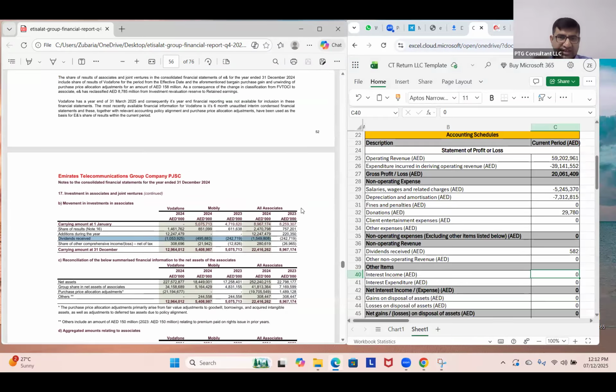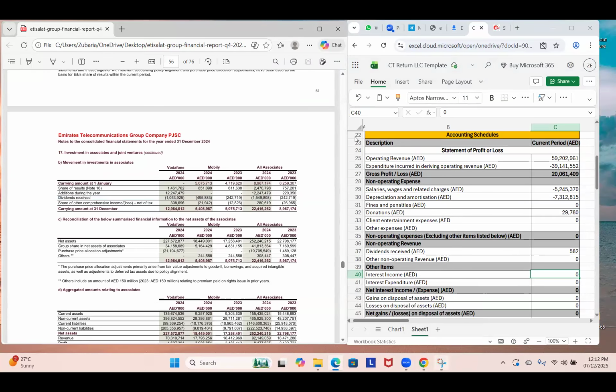Take the screenshot of this note number 17. Take the note screenshot and add it in your Excel file. Then we will easily compare.